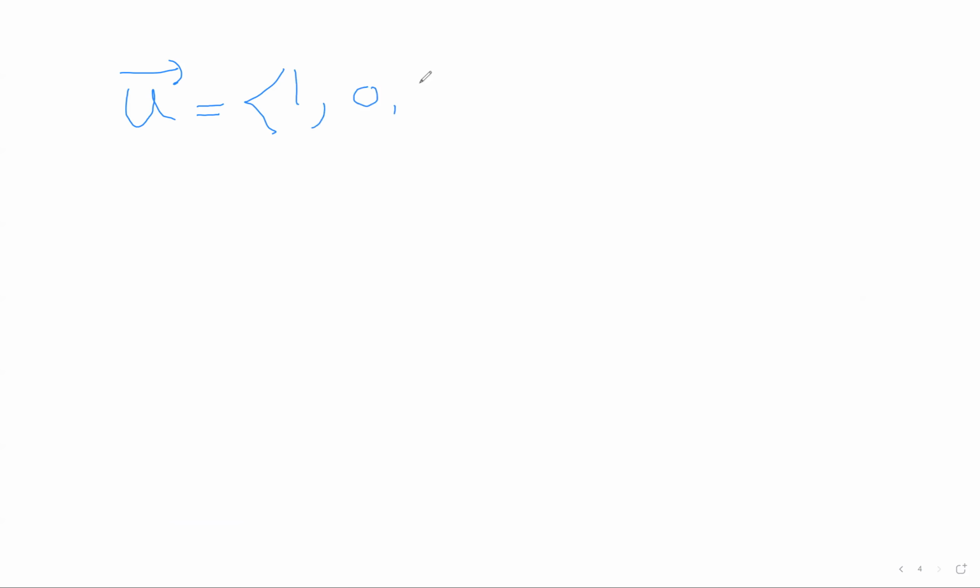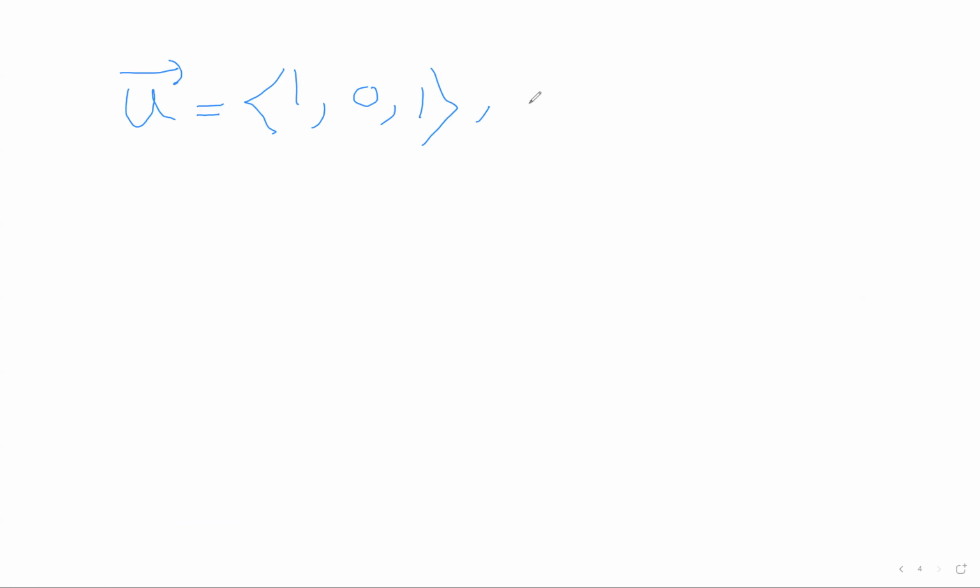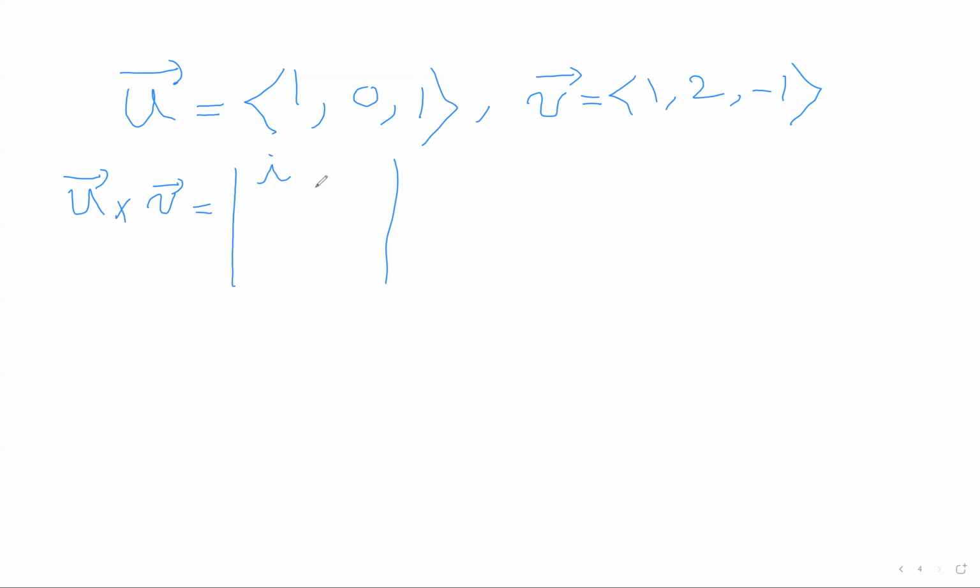So on the next page, I'll find first U cross V, because U and V are given. U is 1, 0, 1. I'm using the very same information from here. So V is 1, 2, -1. So U cross V, I form this determinant: i, j, k, 1, 0, 1, 1, 2, -1.